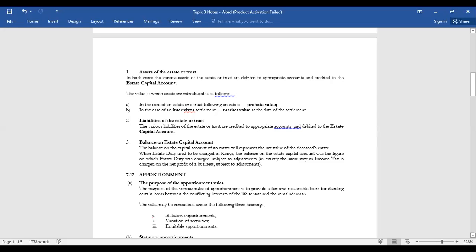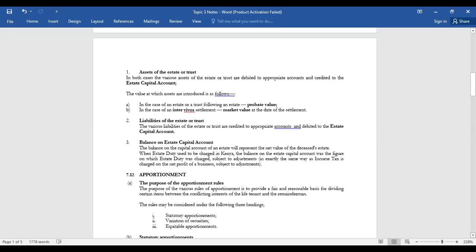So in this case, the balance on the capital account of the estate will represent the net value of the deceased estate. And this is what will now be subjected to the duties or the taxes, depending on what the government or the statute says about the estate or about the net assets of the deceased person.